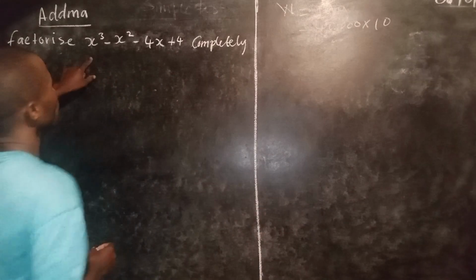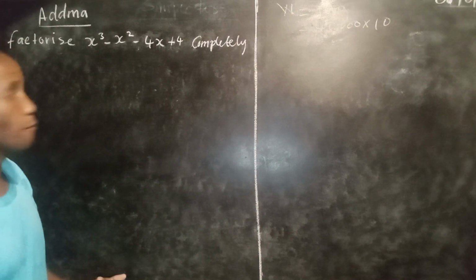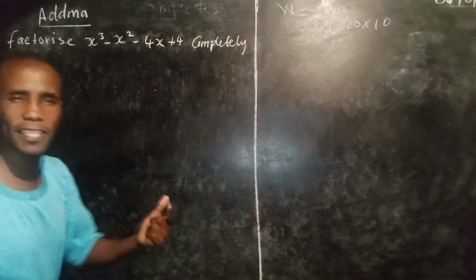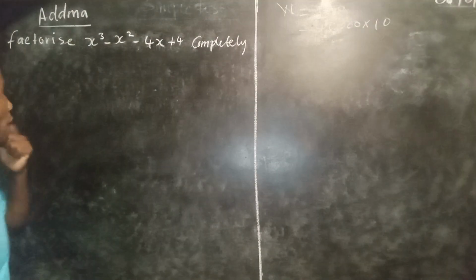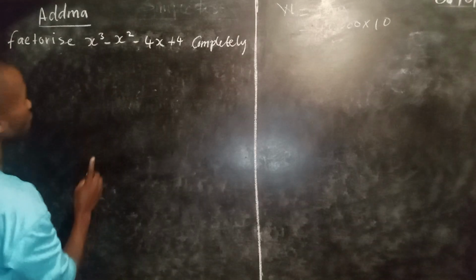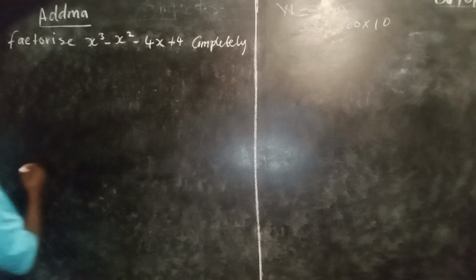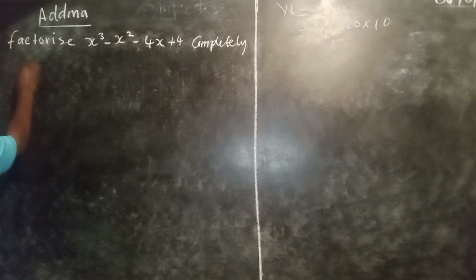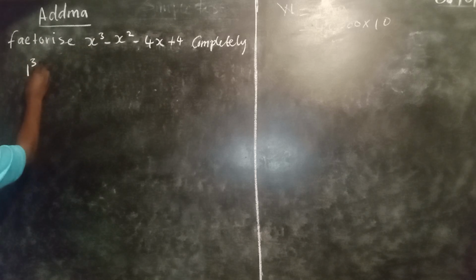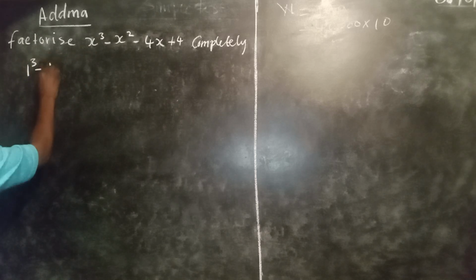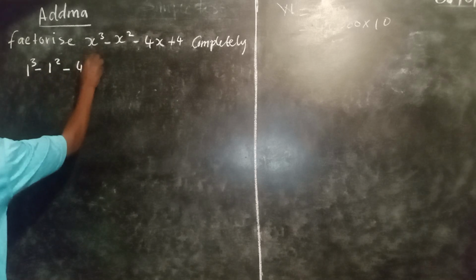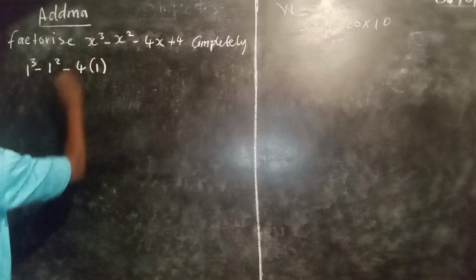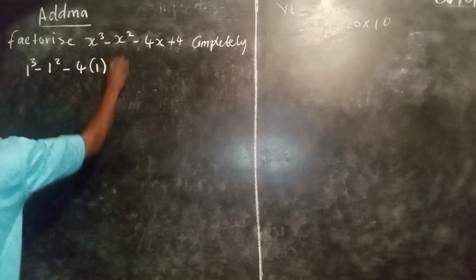Let's try, for example, 1. Since this is trial and error, we are going to try 1. Let's put 1 everywhere there, to see if we are going to have a 0. So we have 1 power 3 minus 1 squared minus 4 times 1 plus 4.